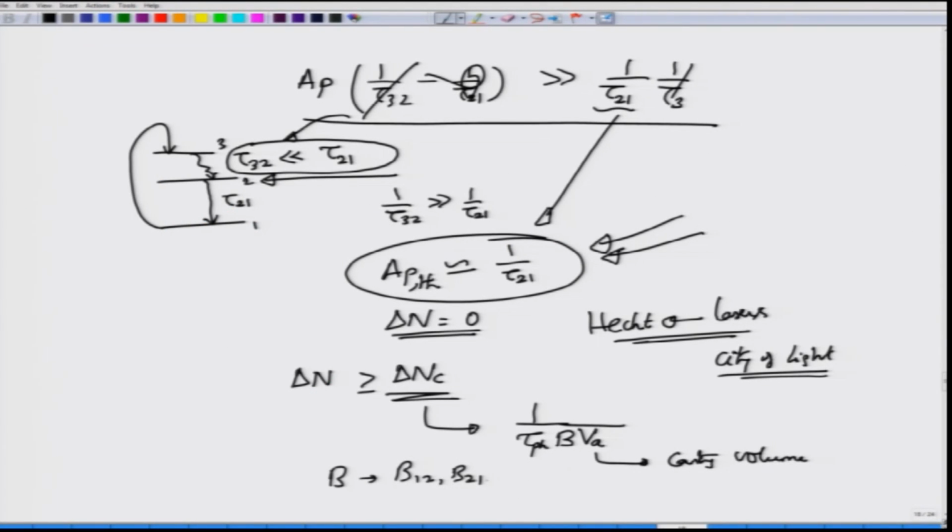B of course is this one, and tau_ph is the lifetime, which is approximately equal to tau 21 in our case. Actually, this is not equal to tau 21, this is slightly different. We will simply call this the cavity lifetime.